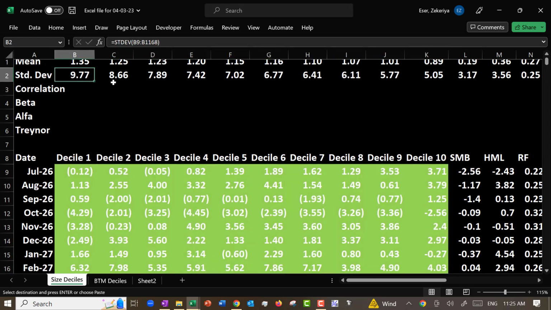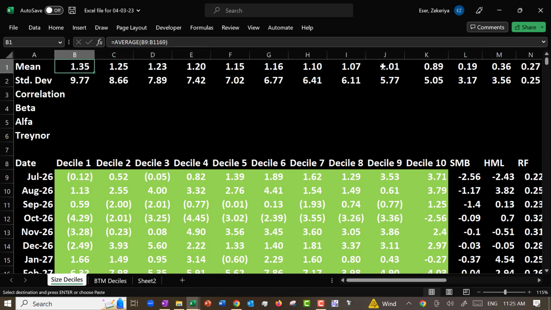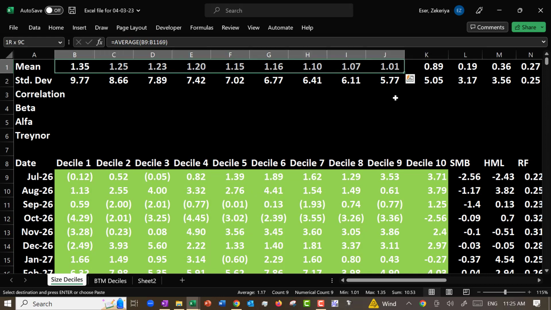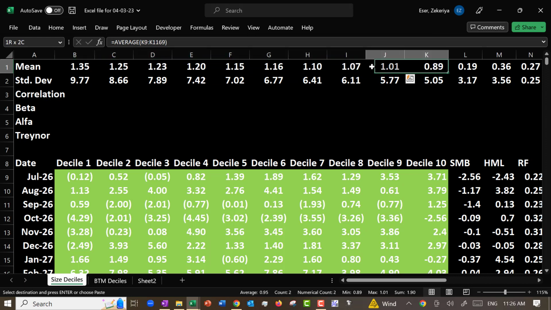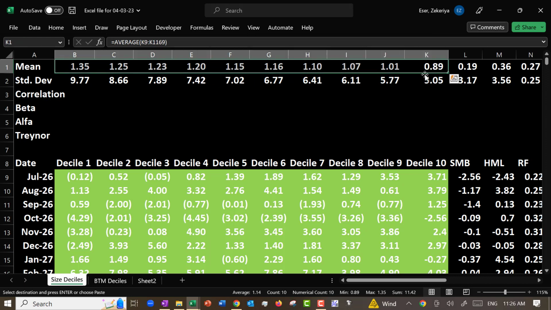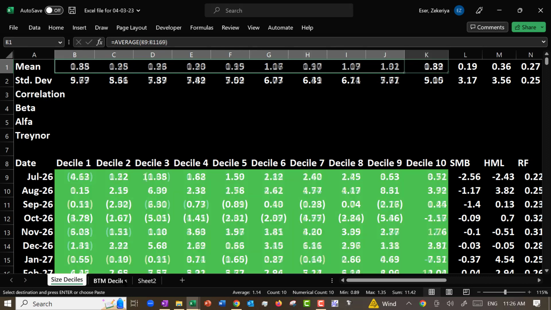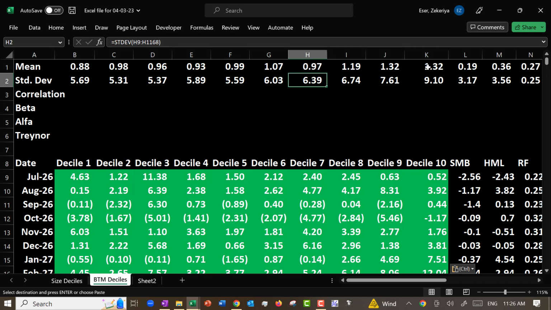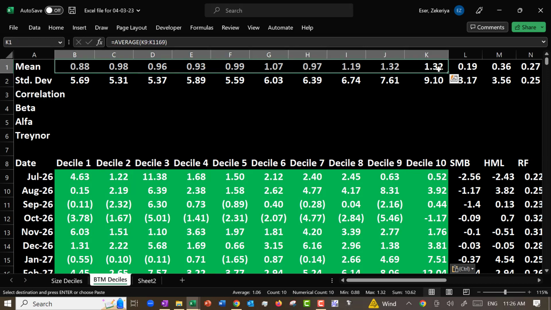On the size, the difference wasn't even that high. Yeah, it was about the same. The difference between a large cap and small cap was about 0.45. Here, the difference between value versus growth is also about 0.45.